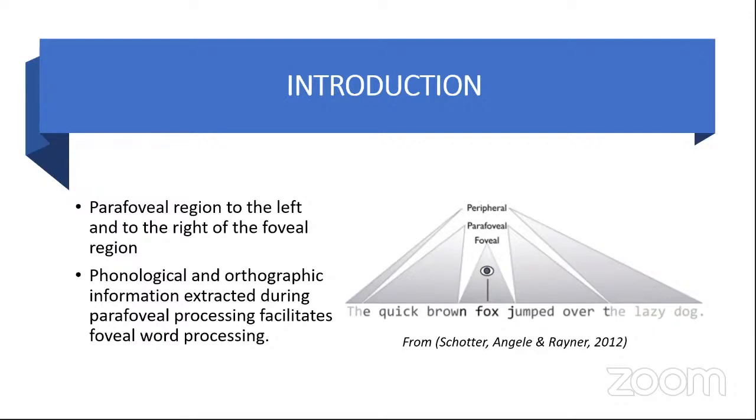So when we read from left to right, we can get some information about the word on the right parafoveally, and this parafoveal processing facilitates the foveal processing when we fixate on this word and it is in the foveal region. It is known that we can get phonological and orthographic information parafoveally.